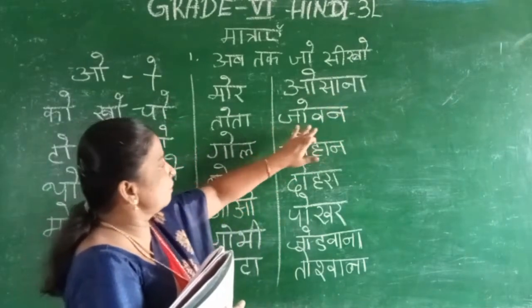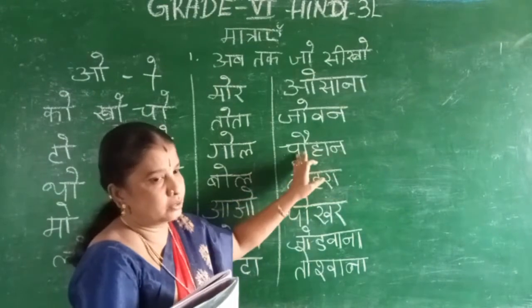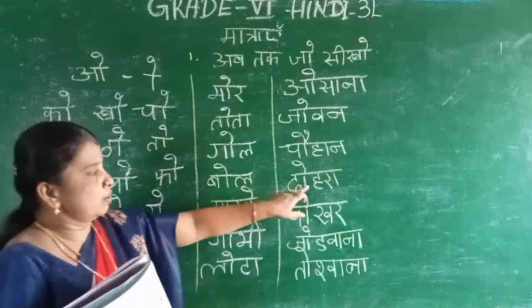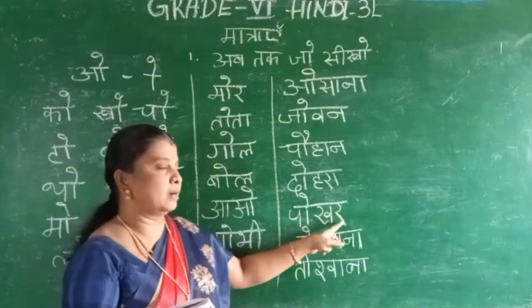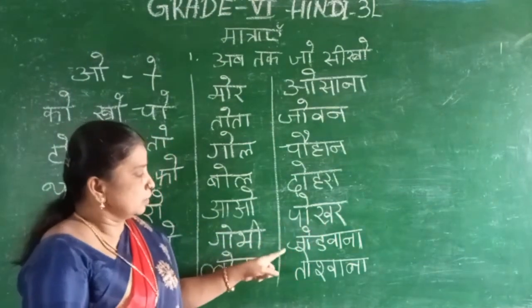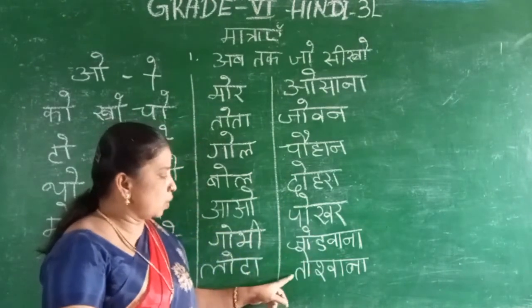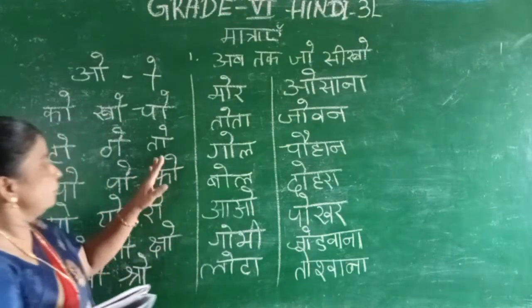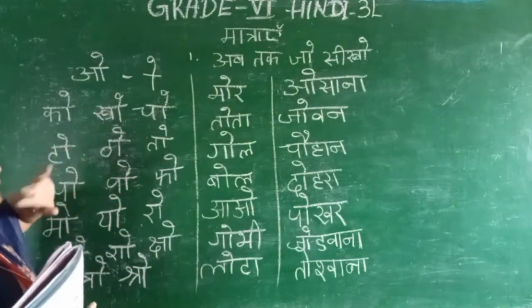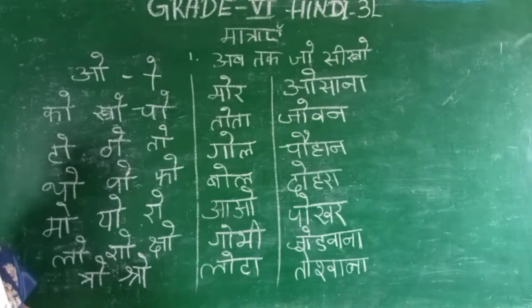Ausana. Jovan. Chauhan. Dohara. Poker. Jodwana. Toshwana. Now we have completed the I and O matra, and hereafter the Au ki matra.